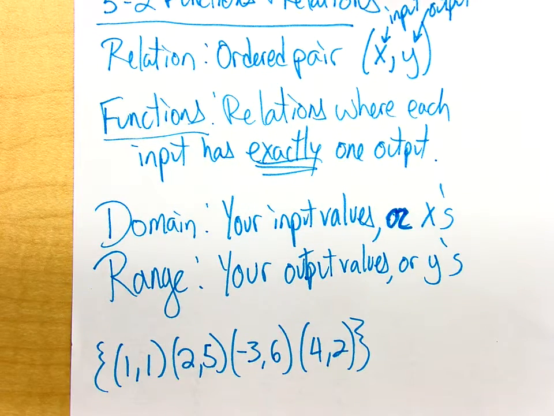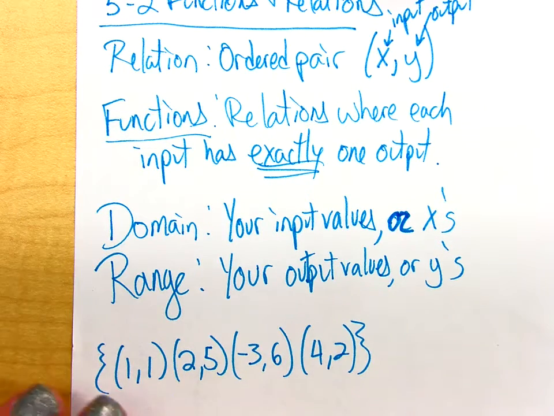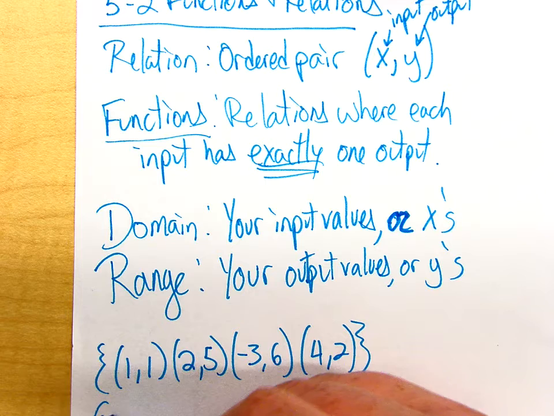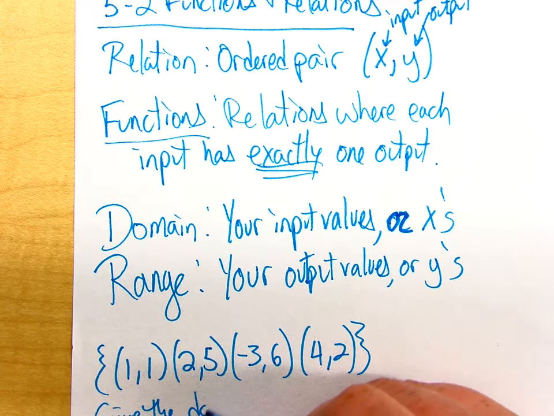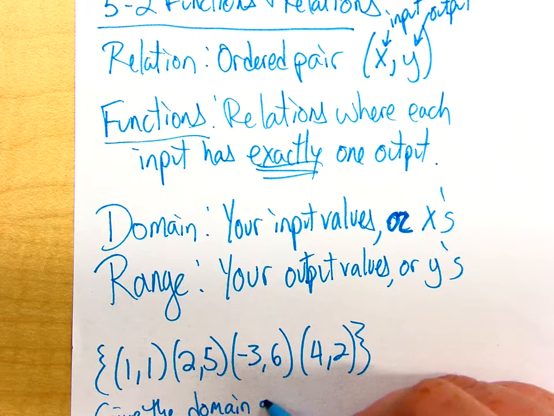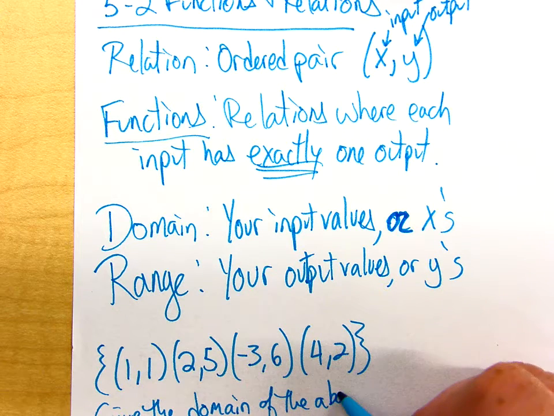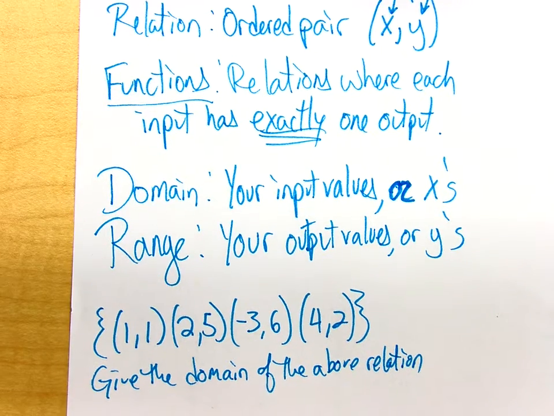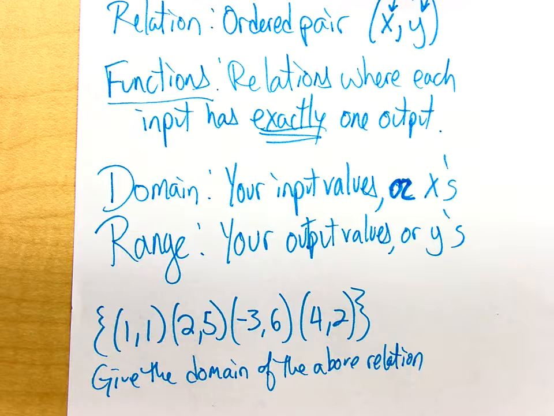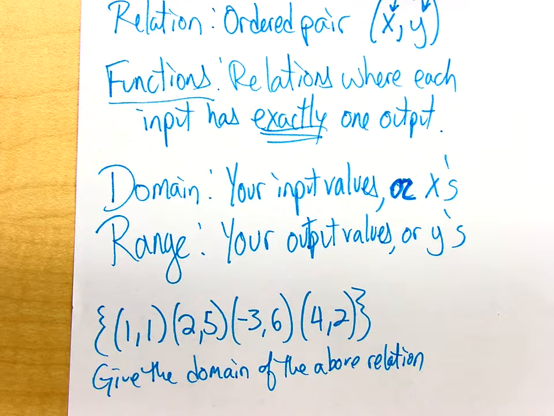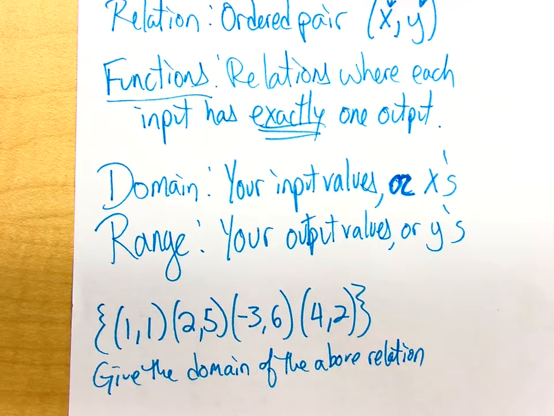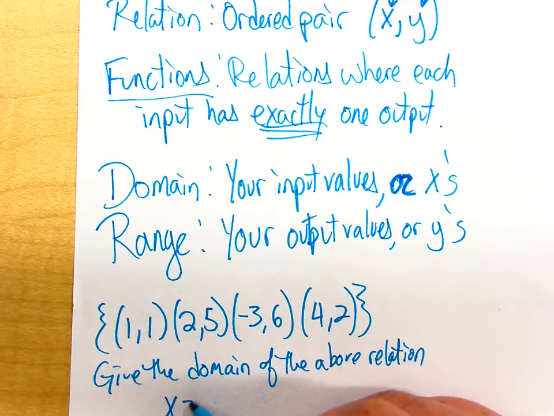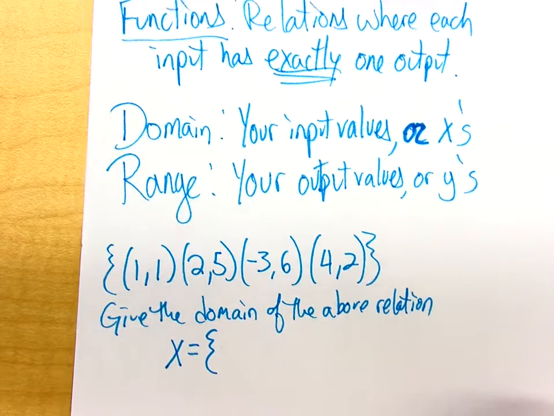If I gave you this relation, so it's just this grouping of ordered pairs, and I asked you to give the domain of the above relation. It's super easy. All you have to do, what's domain again? The x values. You literally just list the x values. That's it. So we usually write it like this: x equals, and then these, are you familiar with these curly brackets?